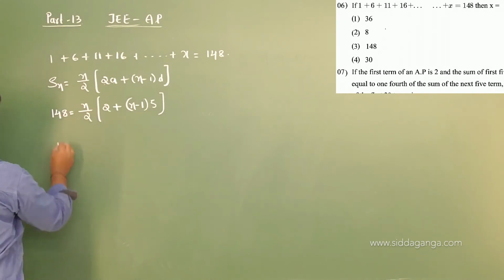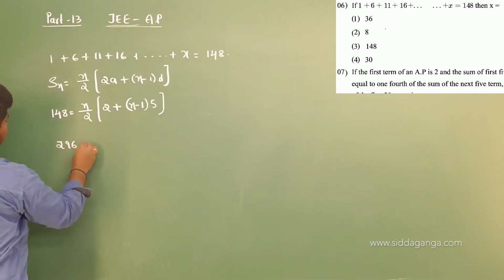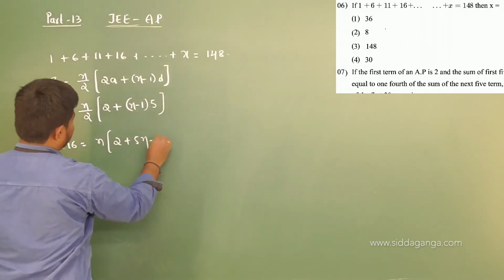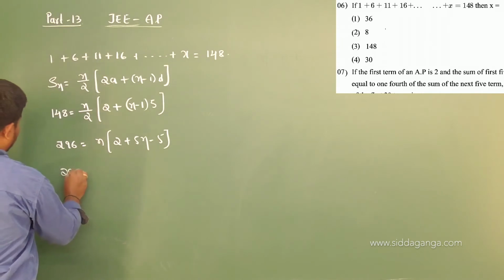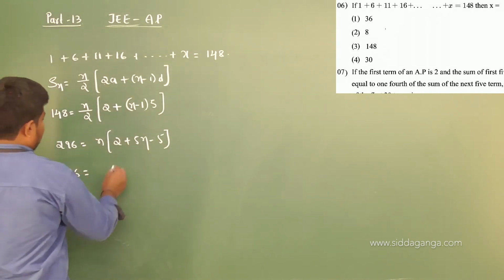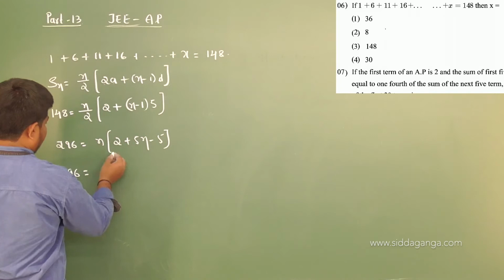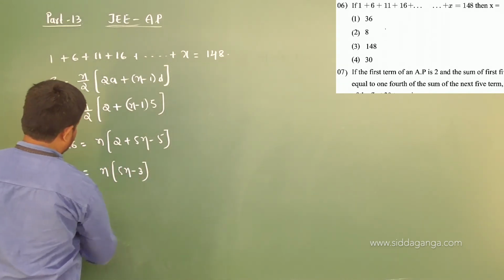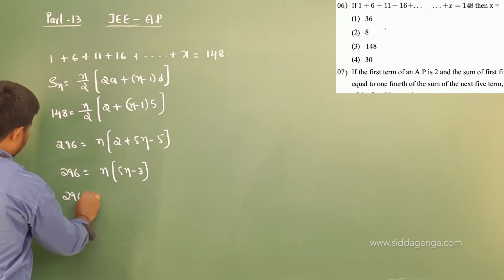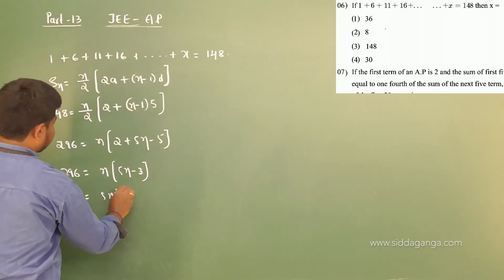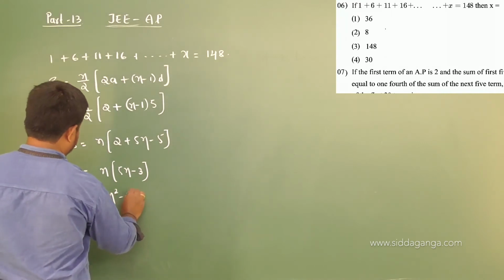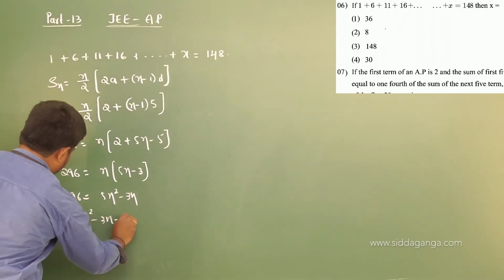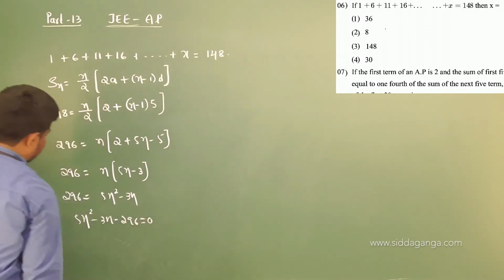So 148 into 2 is 296, which equals n into (2 plus 5n minus 5), that is n into (5n minus 3). So 296 is equal to 5n square minus 3n, or 5n square minus 3n minus 296 is equal to 0.